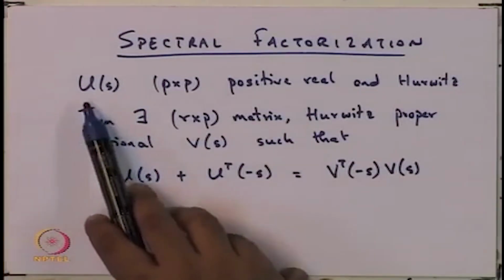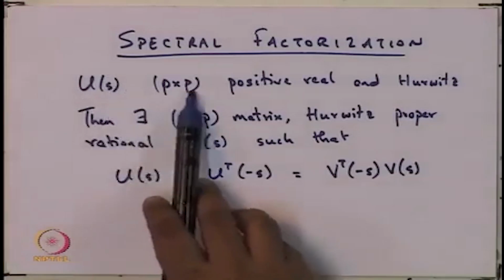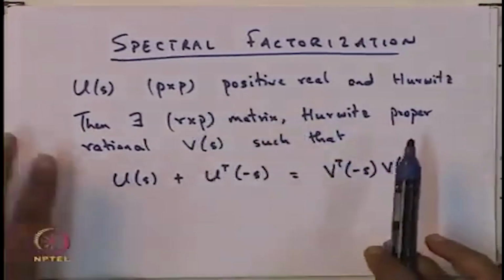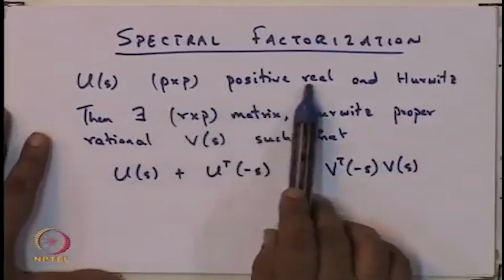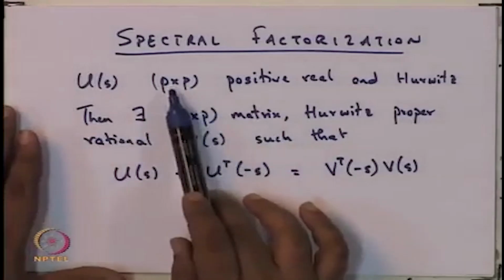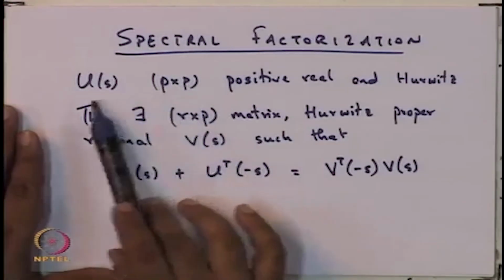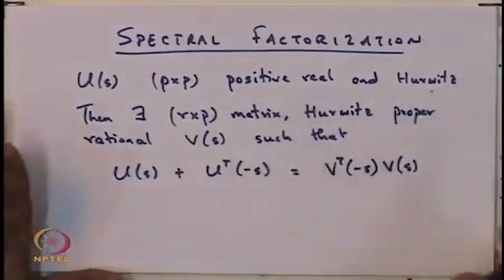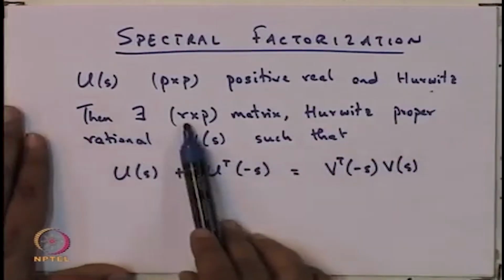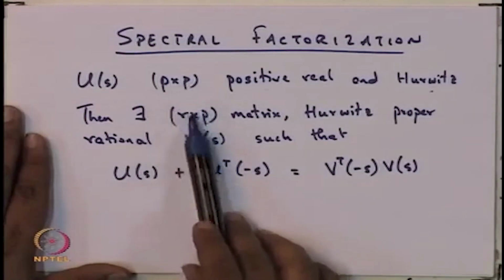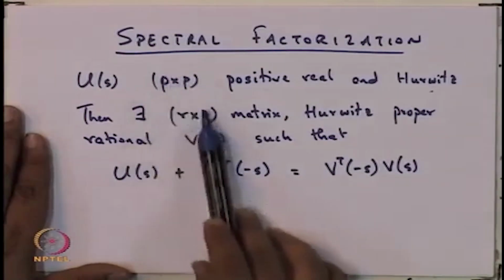So we are talking about U(s), which is a P cross P positive real matrix. Well, I'll give you the definition shortly. Instead of this P cross P, one could just think of 1 cross 1, so this is just a transfer function, and it is positive real Hurwitz. Then there exists an R cross P matrix. This R cross P business and the P cross P only appears in multi-input, multi-output.